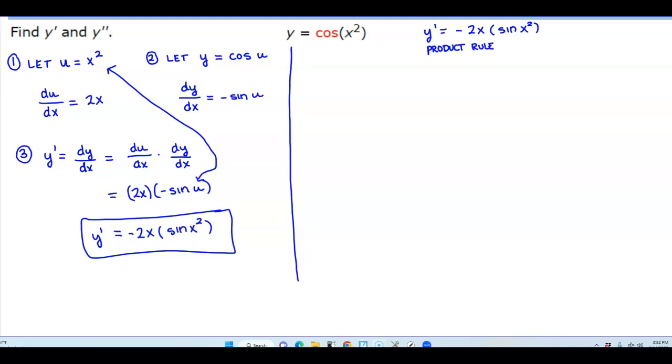So therefore, when we find the second derivative, we have the first function, negative 2x, times the derivative of the second function, plus the derivative of the first function times the second function.